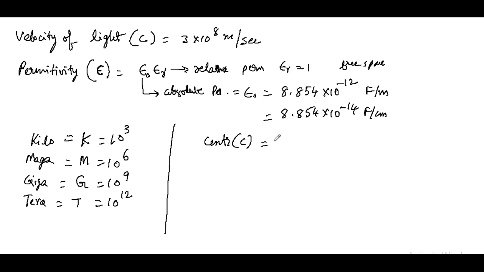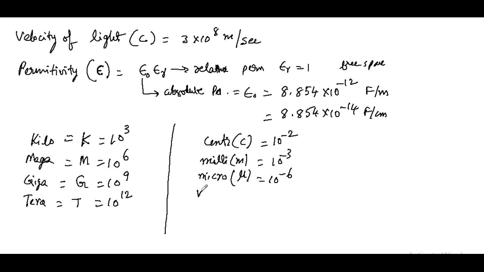Centi is equivalent to 10 to the power of minus 2. Milli, denoted as small m, is 10 to the power of minus 3. Micro, denoted by mu, is 10 to the power of minus 6.